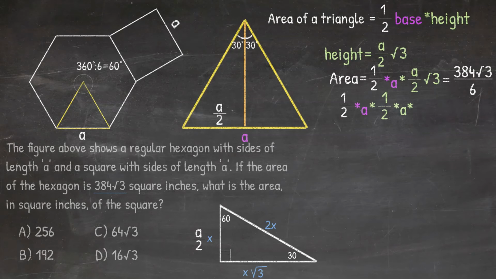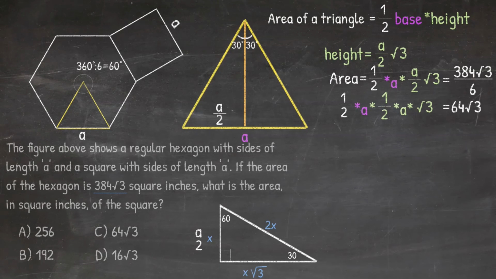What we get as a result is 1/2 times a times 1/2 times a times square root of 3, the remaining part. And on the right-hand side, let's perform the division: 384 times square root of 3 divided by 6. 384 divided by 6 is 64, and then we have times square root of 3 left.